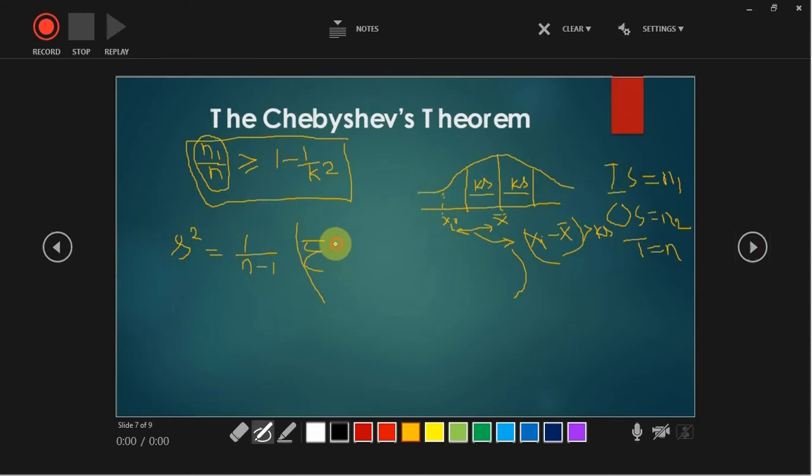So this is for inside, xi minus x bar squared, for inside the range, and there are n1 observations, plus the sum of xi minus x bar squared, and this is for outside the range, and there are n2 observations.